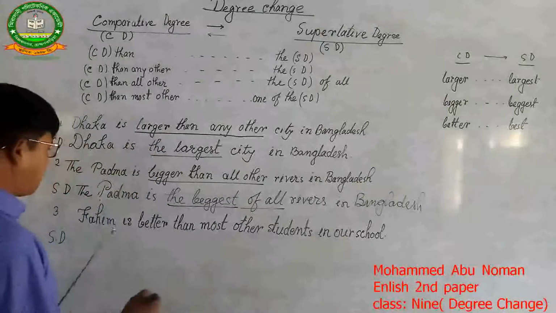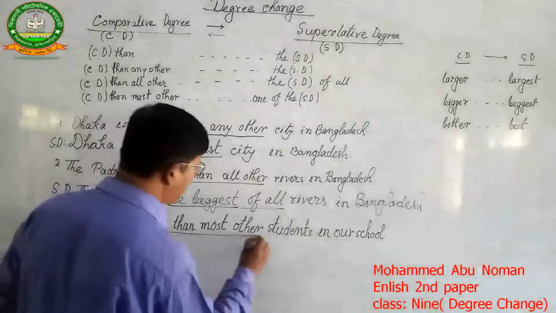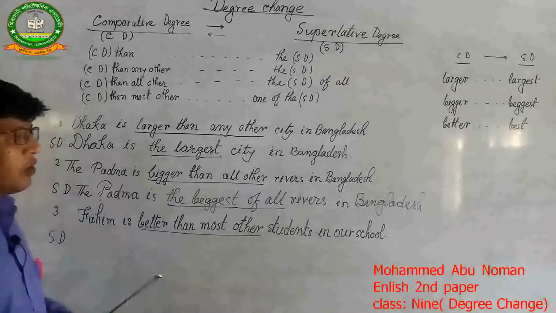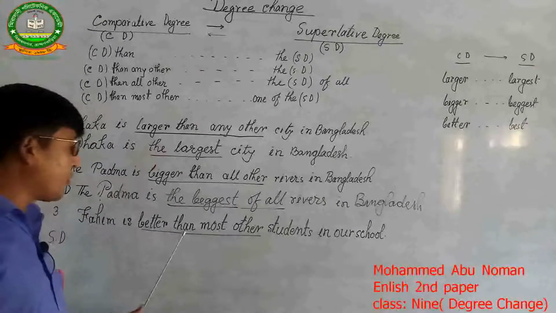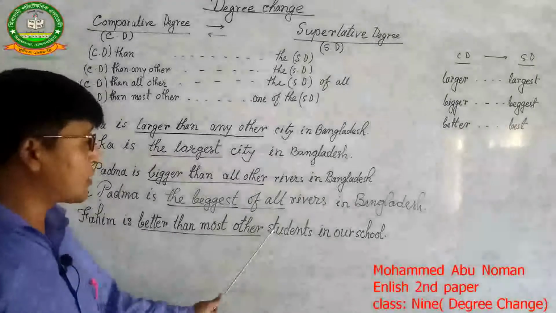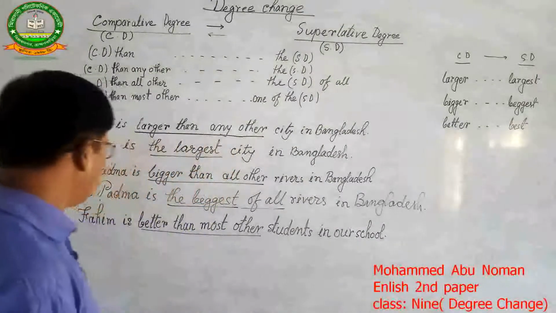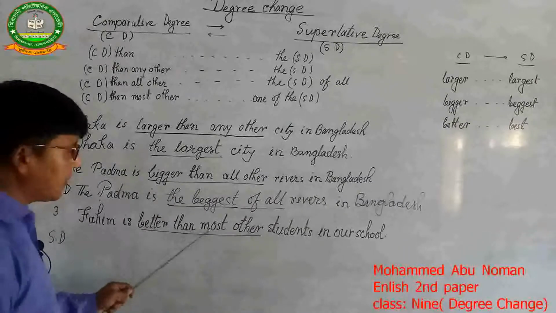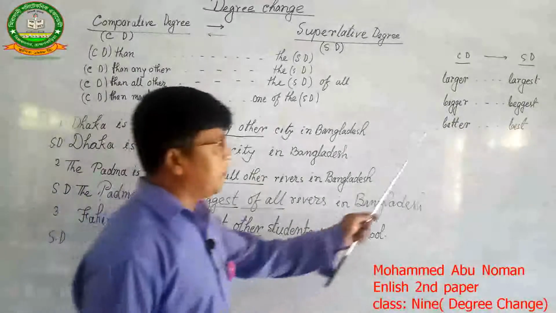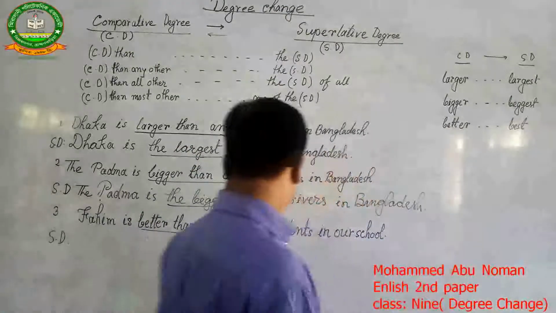Third sentence: Fahim is better than most other students in our class. Here the comparative form is "better than most other". Better is the comparative form, best is the superlative form.